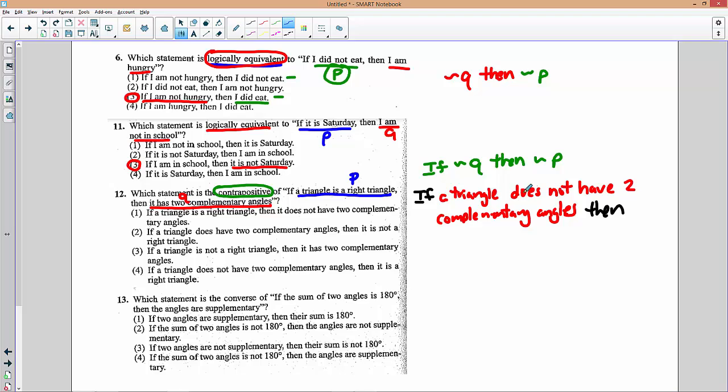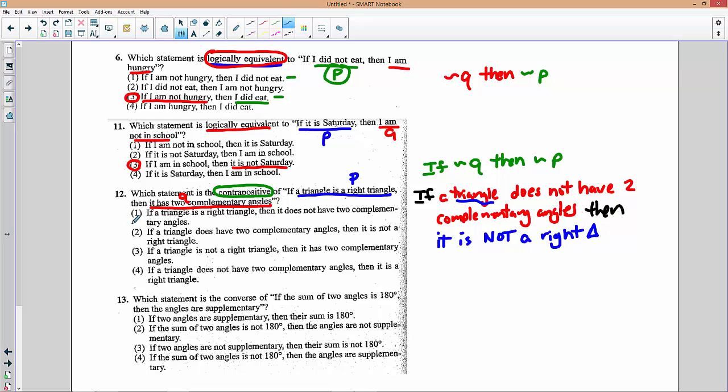So if not Q, then not P. So then it would say it is not a right triangle. Then it is referring to the triangle, right? It is not a right triangle.